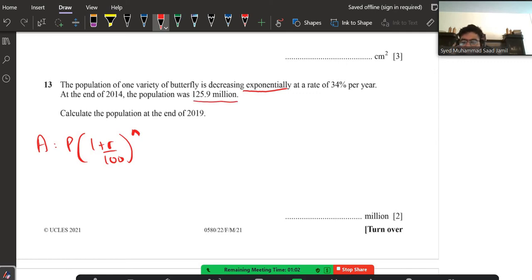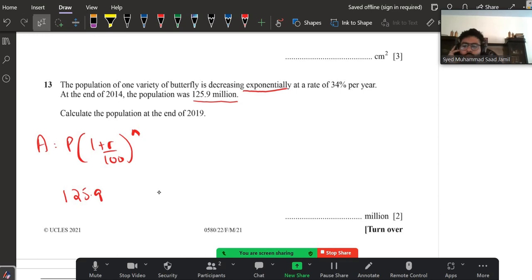Now the question is saying at the end of 2014 the population was 125.9 million. This means P is 125.9. So 1 plus rate, which is 34, upon 100 raised to power n. N is basically 5. How did I know? Because they are asking for the population in 2019. So 2019 minus 2014, you will get 5.